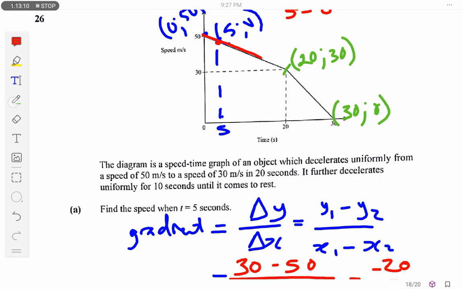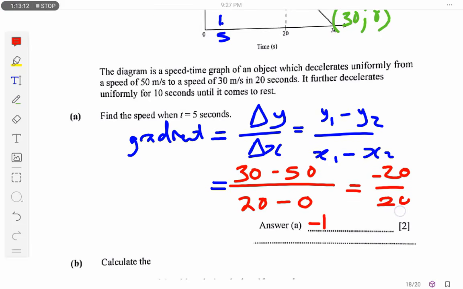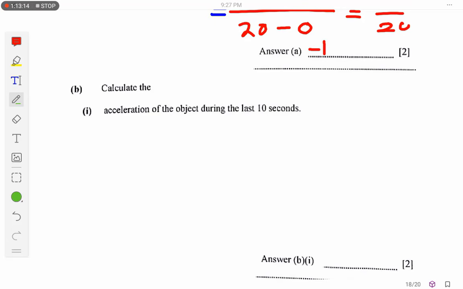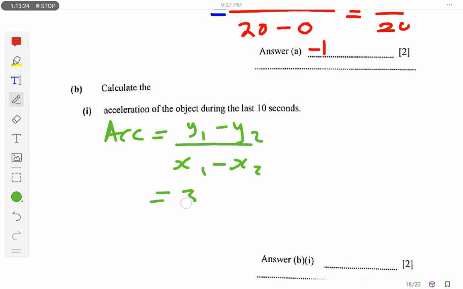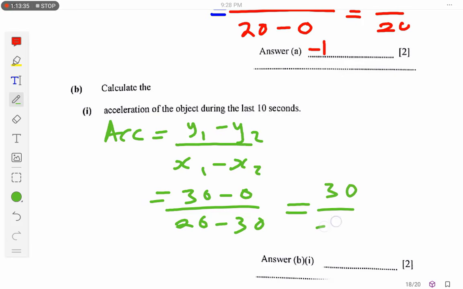So you find out our gradient there is going to be, to get our acceleration, we are going to say acceleration is basically the gradient, y1 minus y2 over x1 minus x2. So this is going to be 30 minus 0 over 20 minus 30 there, and we will get 30 over minus 10. So it's going to be minus 3 meters per second squared, like that.